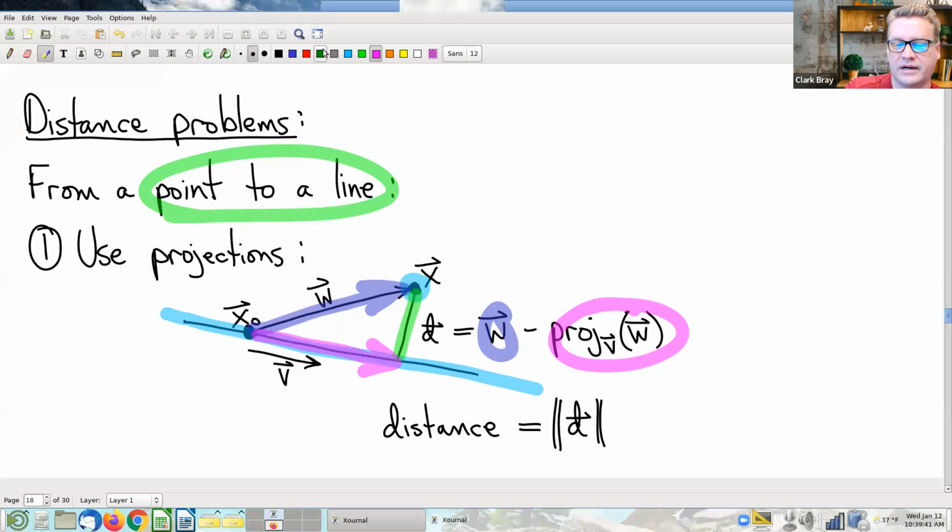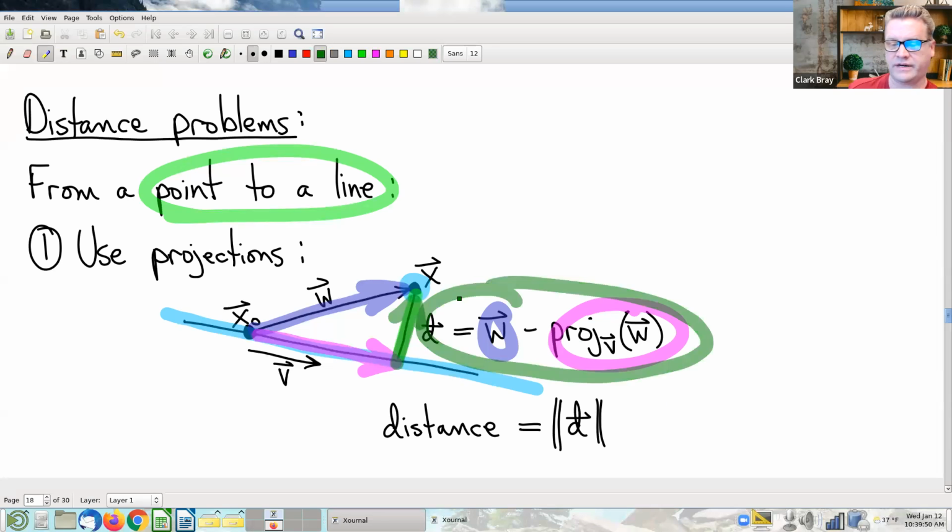The difference there, this W minus the projection, is that dark green vector whose magnitude tells you the distance, right? The magnitude of this dark green vector is the distance. So like I say, it's pretty direct, pretty brute force, and works just fine.